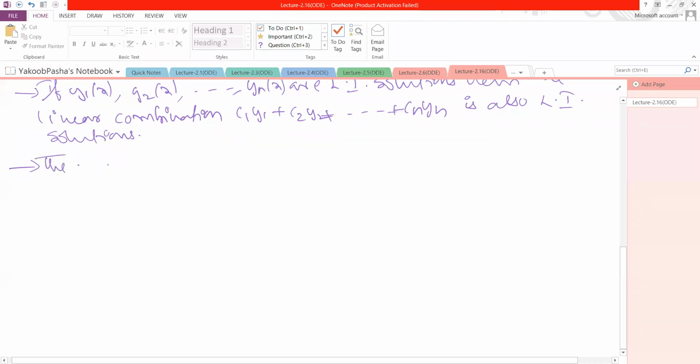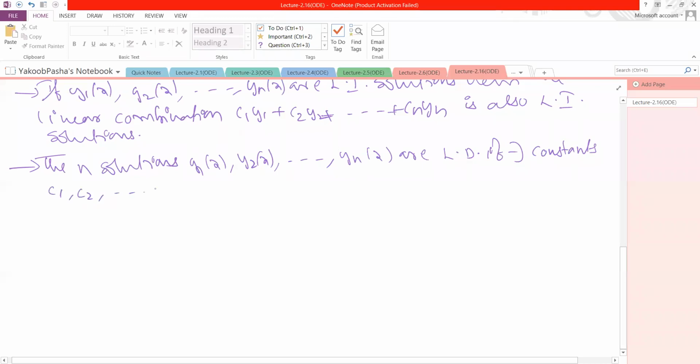Now, the n solutions y1 of x, y2 of x, and so on, yn of x are said to be linearly dependent, I am writing simply LD, if there exist constants c1, c2, up to cn, not all zero, such that the linear combination c1 y1 plus c2 y2 plus up to plus cn yn is equal to 0.